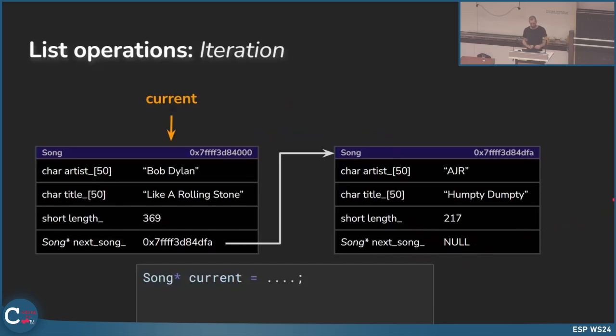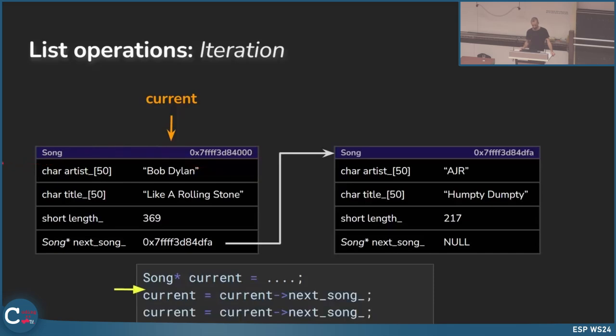So what we can do is set a pointer and call it current. Let's assume we have this struct element and we just take the pointer out of it, so it's just an address to this first element. What we can do now is write current next song and write that into current.